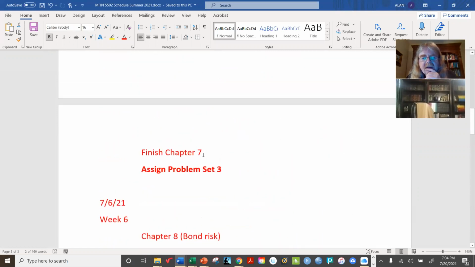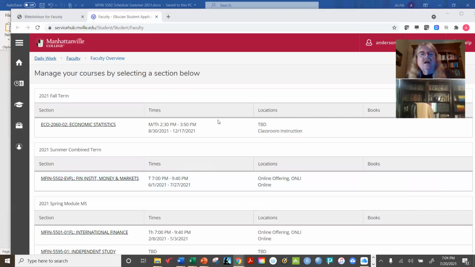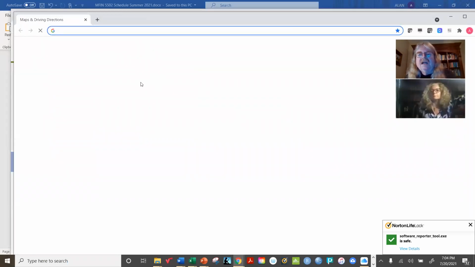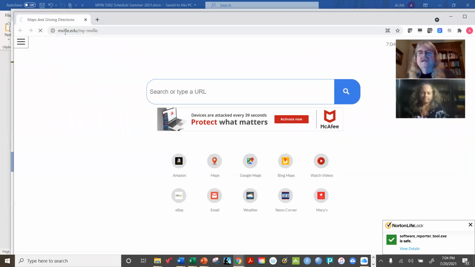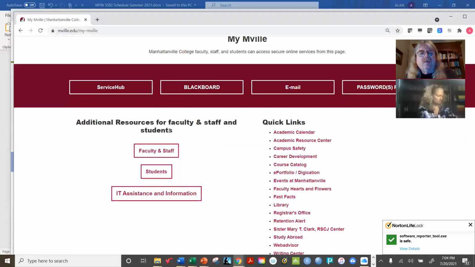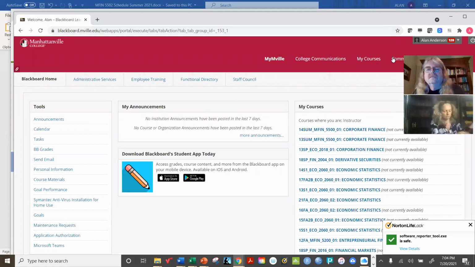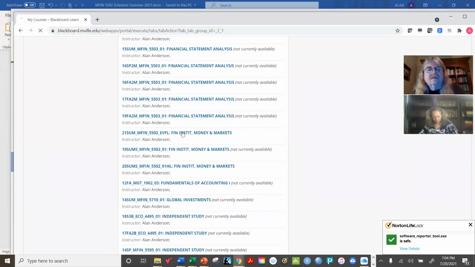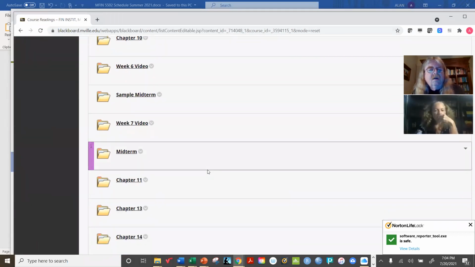Now, we already have had a few problem sets, which I will go show you in Blackboard. Let me go find that real fast. I seem to remember we agreed that 3, 7, and 8 would be the appropriate ones. So I'm just going to open up Blackboard real fast. There it is. All right, so if you look at the course readings, we have a midterm.